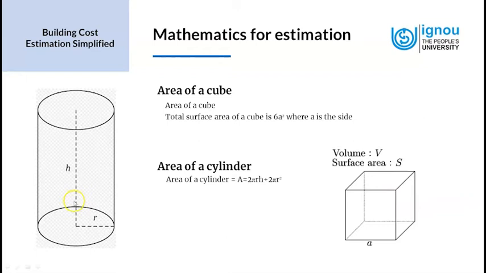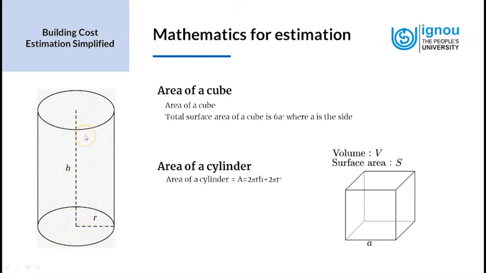Now the area of a cylinder, what we consider is that there is a top and bottom portion which is circular. So the area of a circle is pi r square, we know that. And because there are 2, it becomes 2 pi r square. And the area of the surface becomes 2 pi r, which will be the length of the perimeter of the circle, and the height, which is h.